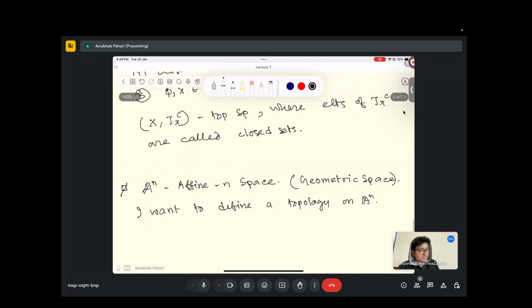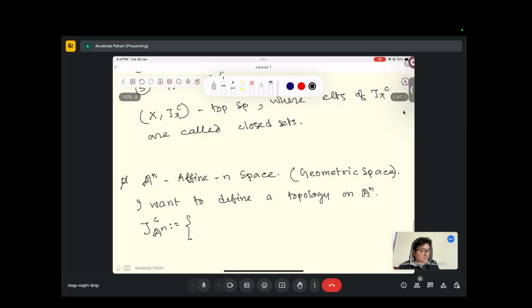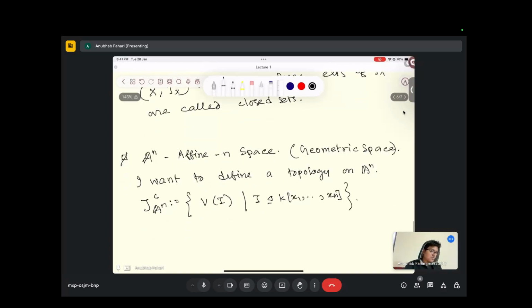So if we take tau c of A^n as V(I), where I is an ideal of k[x1, ..., xn], we define it this way.